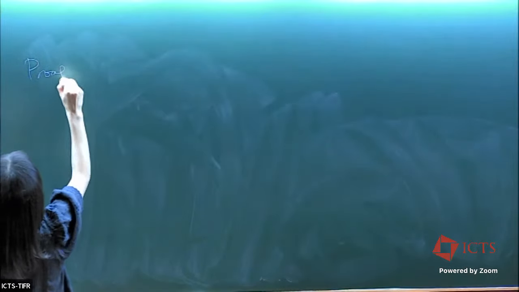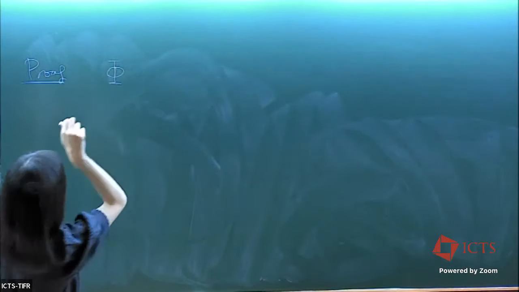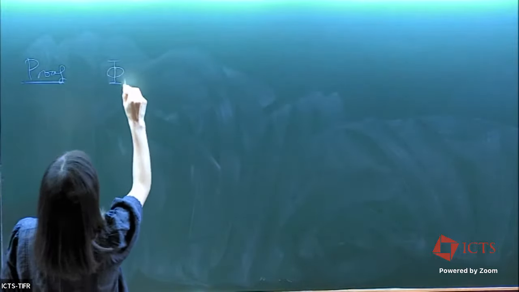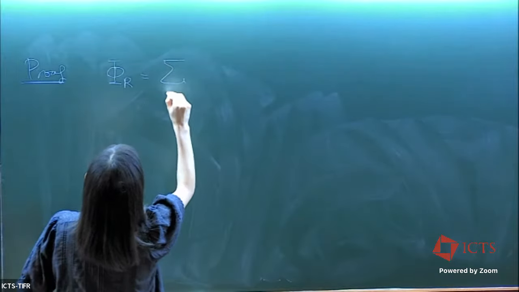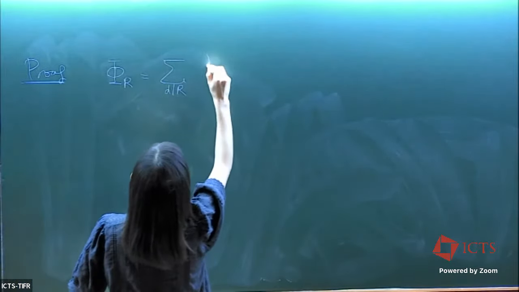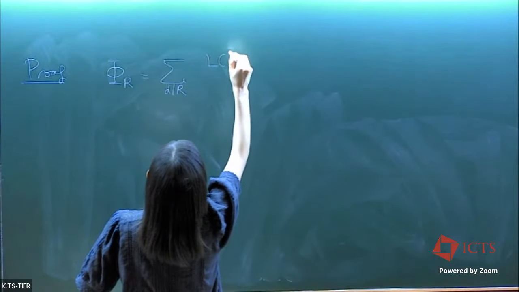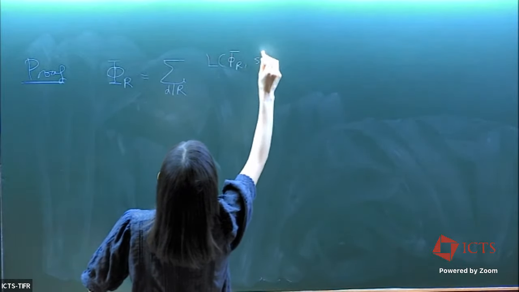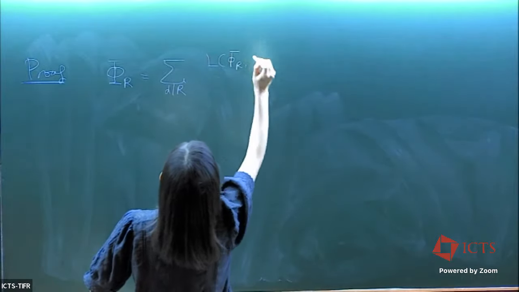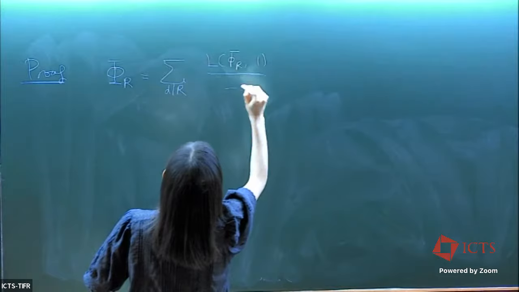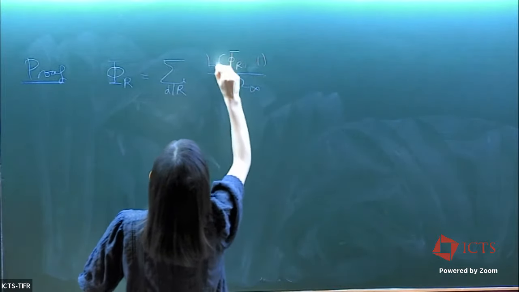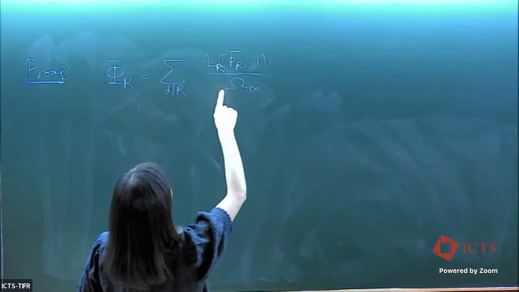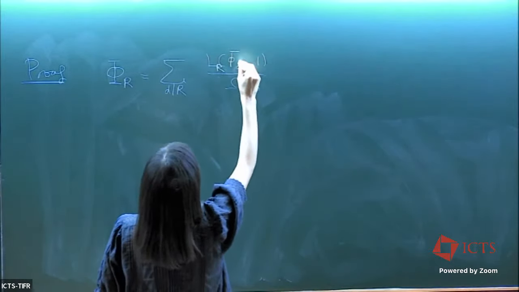So how do we do this? We introduce the following averaged L value, big pi R. It runs over all divisors of R. So these are the usual imprimitive Hecke L values.